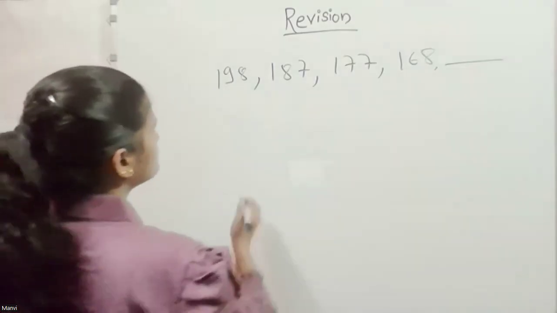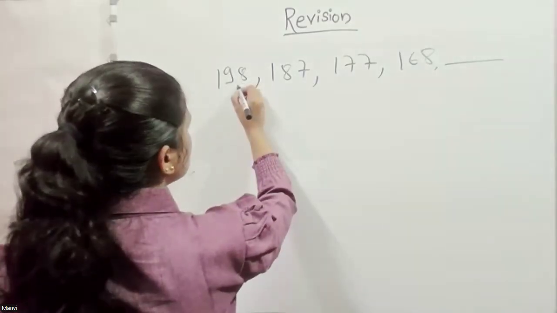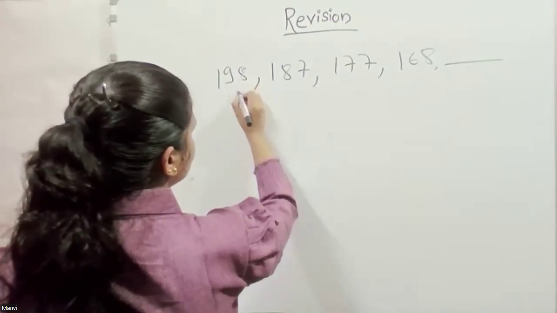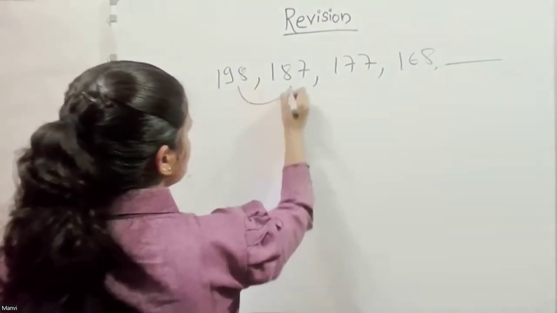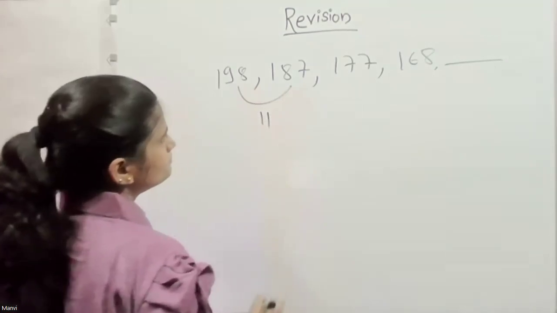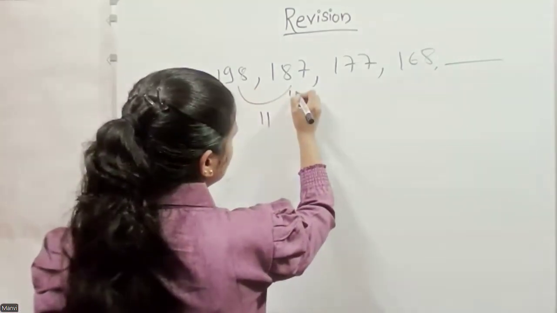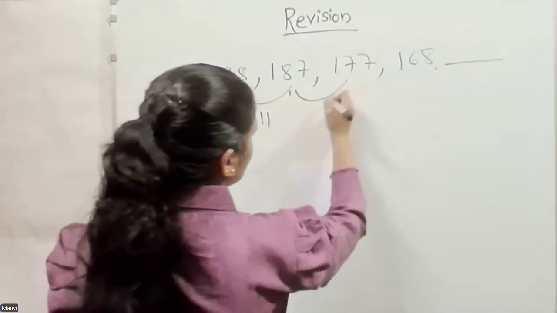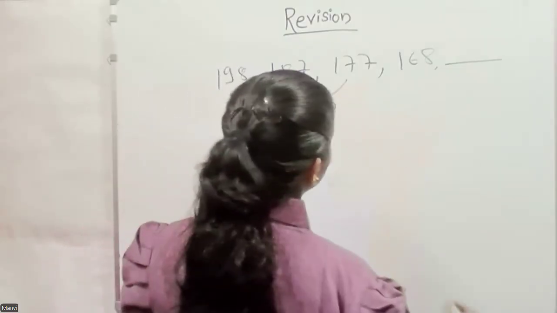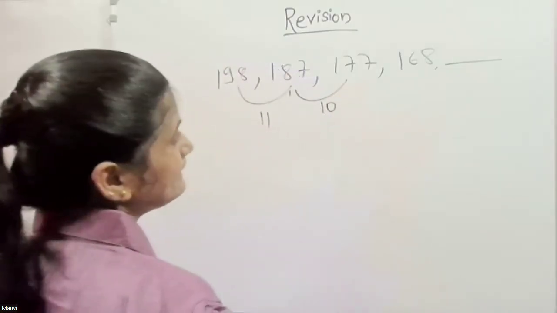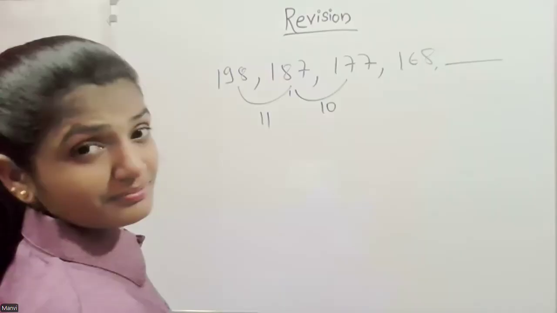Okay, let's check it. Here, we need to subtract 11, right? And then 10, and then 11, then 10. Okay, then 11.